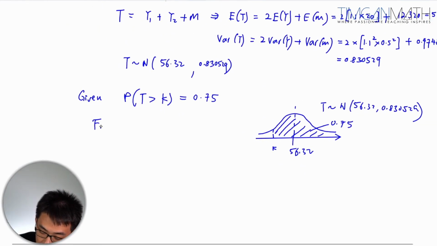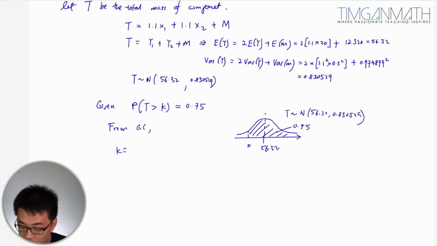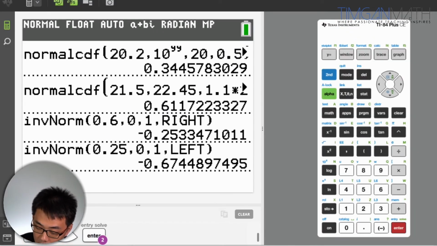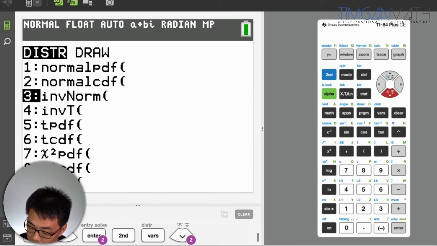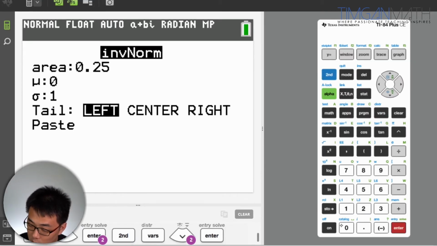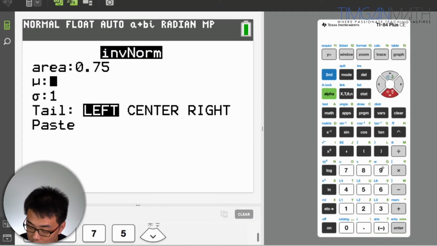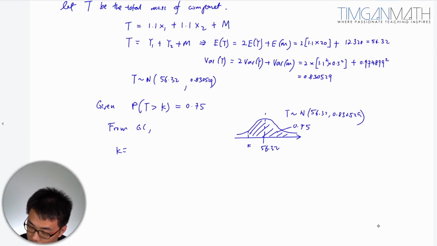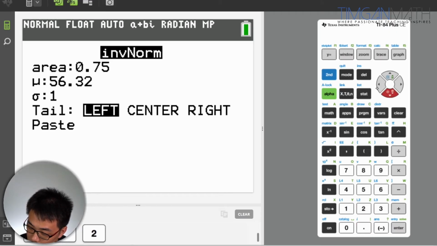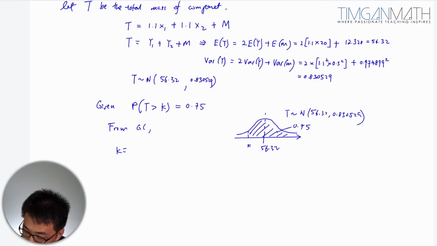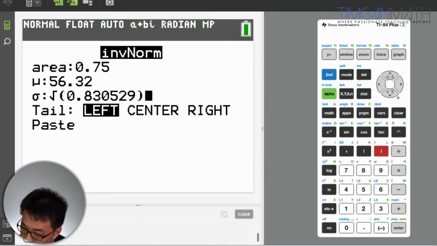So from GC, k is equal to, just key in inverse norm, 0.75 on the right. So this over here will be inverse norm, 0.75, and what we need is actually 56.32, and this will be the square root of 0.830529, and I need this to be on the right side.